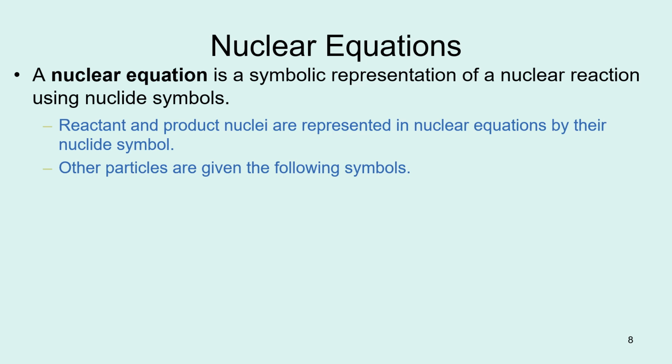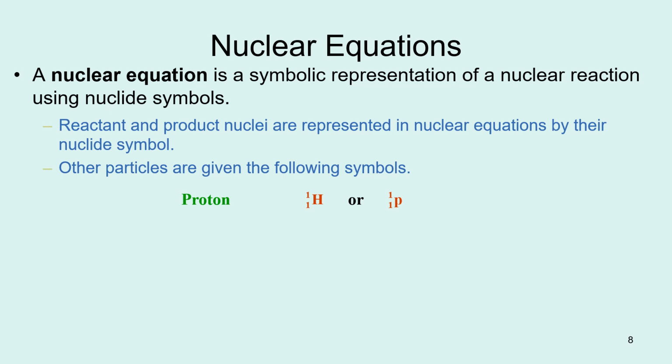So again, we're going to have the reactants and the products represented by their nuclide symbols, and then let's just go down the list of some other particles and how they're represented, because they're not all obvious. A proton can be represented like this. So obviously a proton has 1 proton.